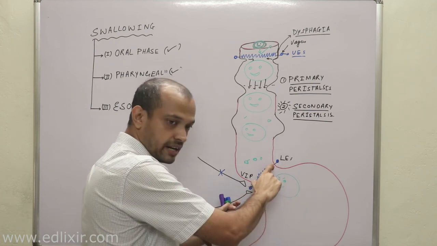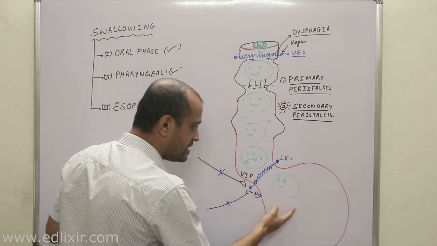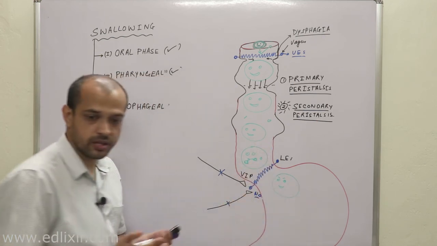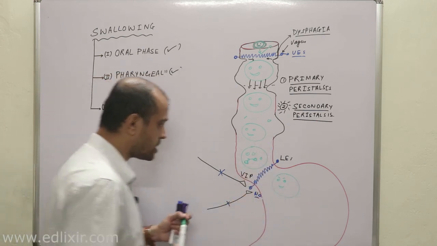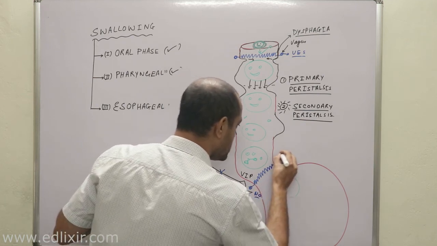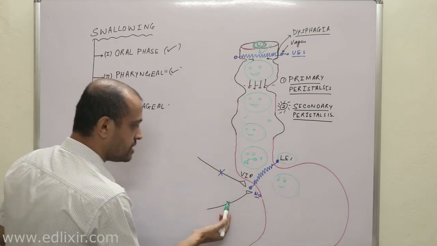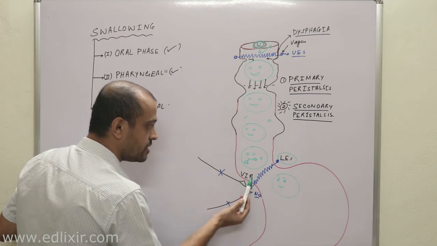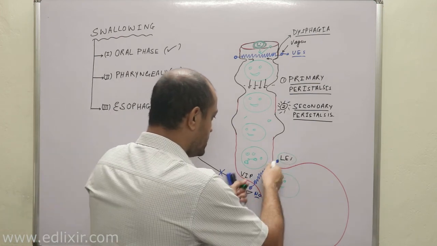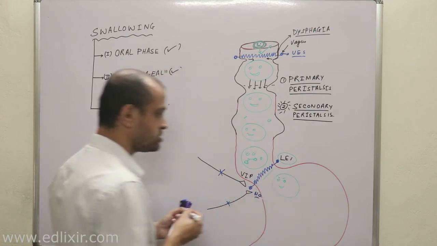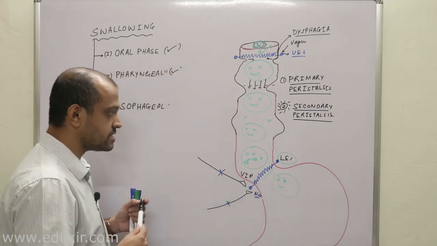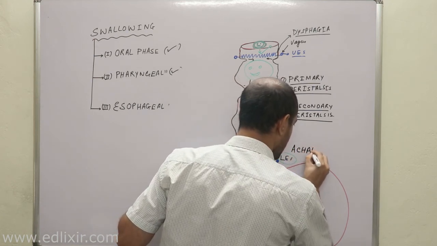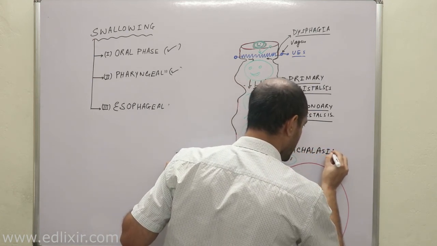Therefore, it will remain contracted. In that case, food will not enter the stomach, and if it enters, it will be with great difficulty. Therefore, in this scenario where the inhibitory neurotransmitter-releasing neurons that control relaxation of the lower esophageal sphincter are lost, this disease is called achalasia. Achalasia. Clear?